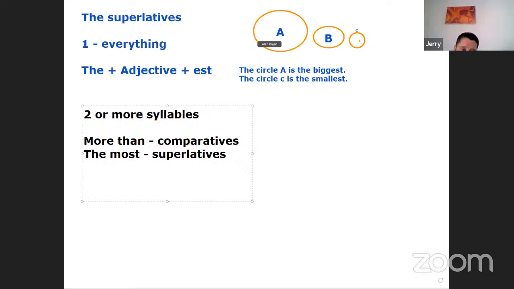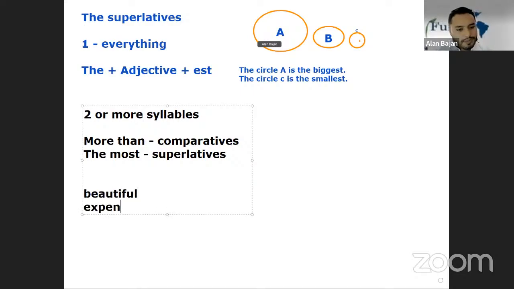It's another rule, right? For example, beautiful, expensive, intelligent, handsome.